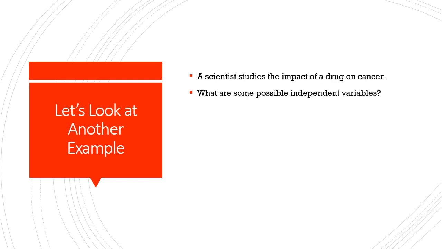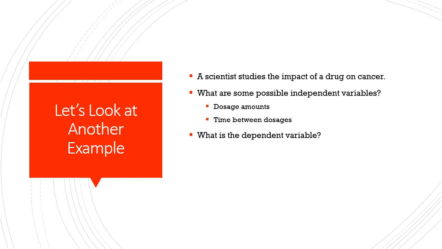Good job. Okay, a scientist studies the impact of a drug on cancer. So what are some possible independent variables? We have a lot of things that we can look at, but probably when we're looking at a drug, it would be the dosage amounts, and it could be the time between the doses. But what can't the scientist change?